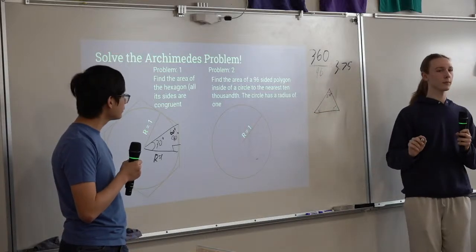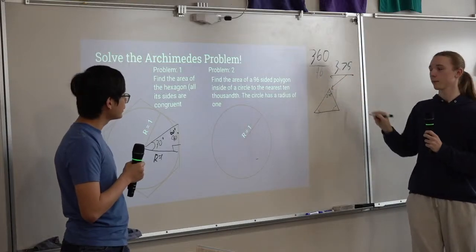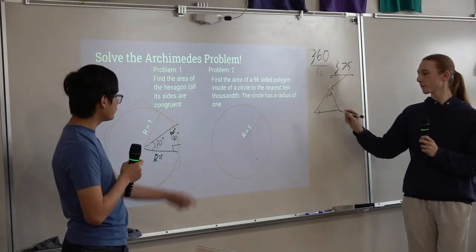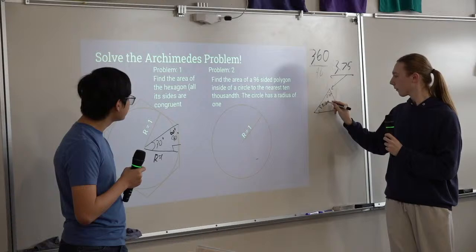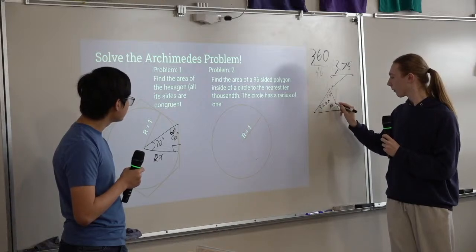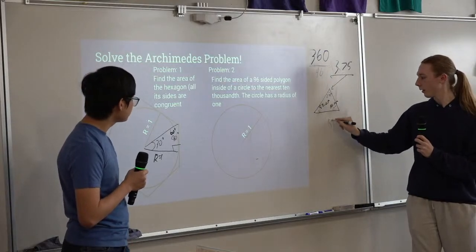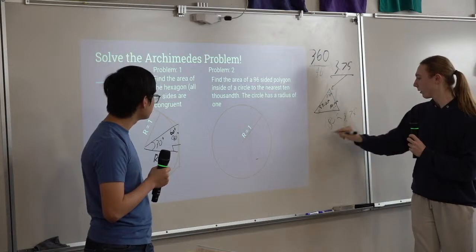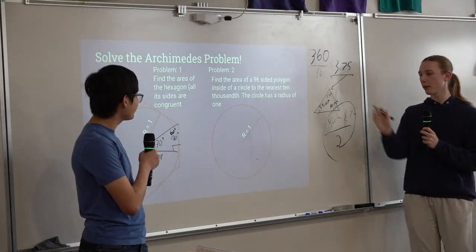What does the top say? 3.75. 88.125. Yeah. We can do that. Divided by 2 is 3. Math is nothing.